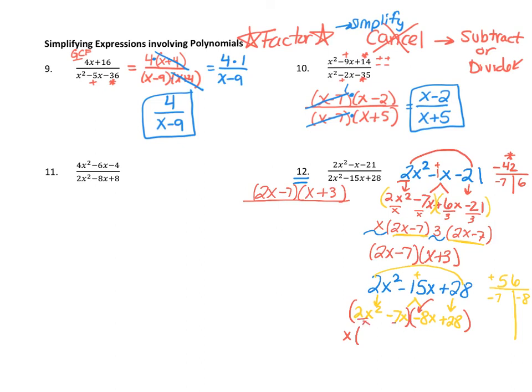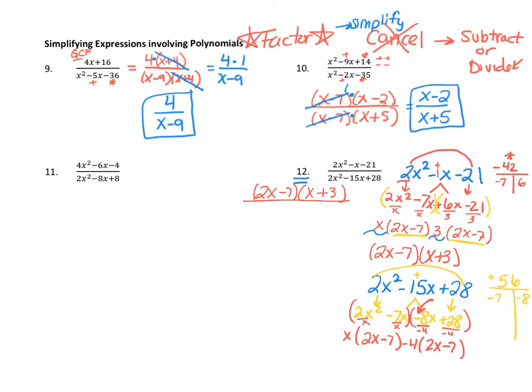So if I divide each of these by x, I'll be left with 2x minus 7. The GCF of negative 8 and 28 is going to be a negative 4. And I chose a negative because this, again, this front guy here is negative. So negative 4 leaves me with 2x minus 7.